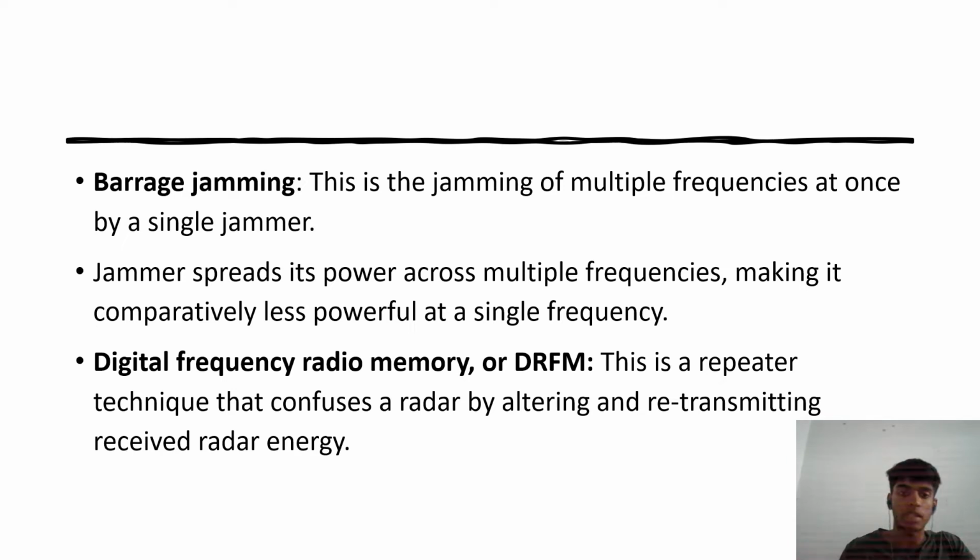Obviously, it won't have the same effect for every single frequency because it's trying to block multiple frequencies with one jammer, so it'll be less powerful for different frequencies. Then we have DRFM, which is a repeater technique, called digital radio frequency memory. It confuses the radar by altering and retransmitting received radar energy.